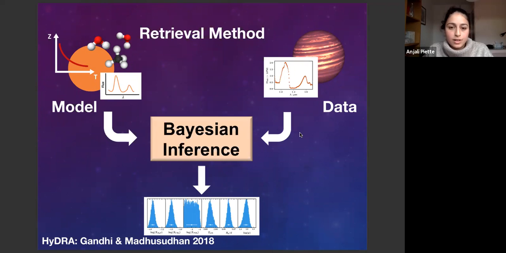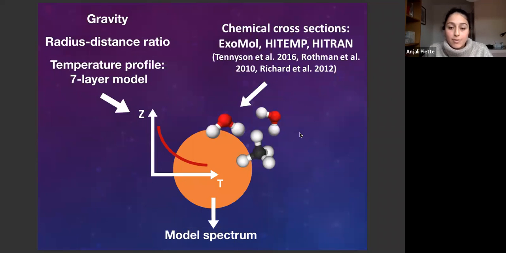And so let's have a look in more detail at this parametric model. So one big difference between hot Jupiters and these isolated brown dwarfs is that we don't necessarily know their gravity, their radius, or the distance to the object. So they're all parameters that we have to include in the retrieval as well. And since the radius and the distance are perfectly degenerate, we include those two as a single radius distance ratio in the retrieval.